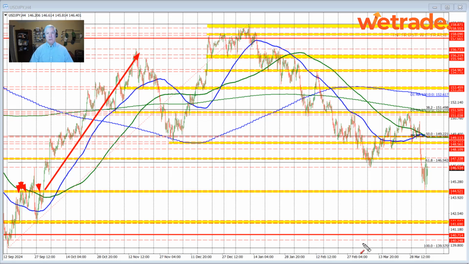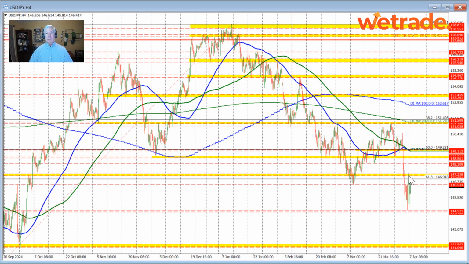And that was all she wrote until last week when the price came down to that level, found support buyers, and bounced off of that level. So it held nicely there again in the dollar versus yen, and we're seeing the bounce up to the upside. We have seen volatile up and down price action. Let me move this over here to show where the high on Friday went up to, this other swing area through here.